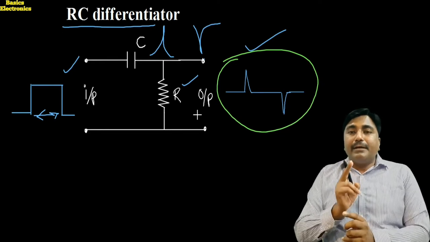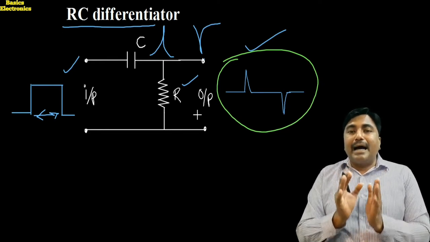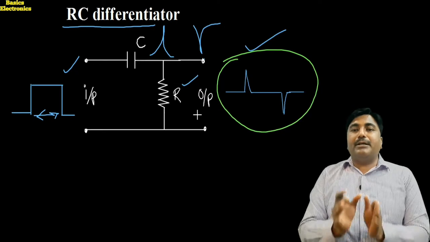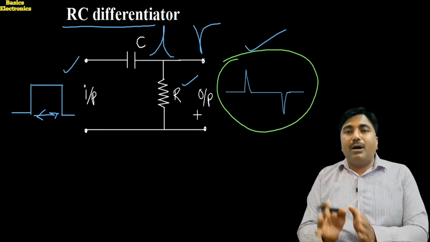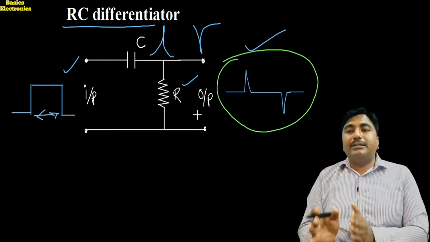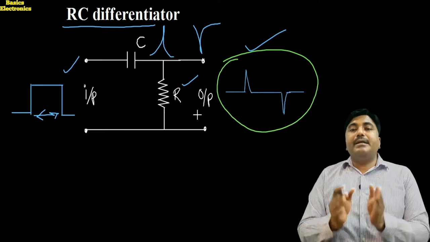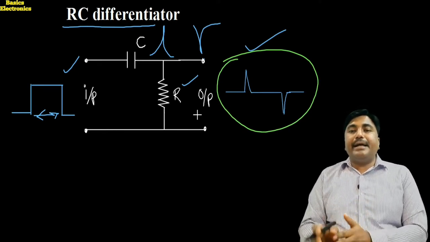But one important thing is that the RC time constant must be very small compared to the clock pulse time. So we move towards the D-type flip-flop with the edge triggering.